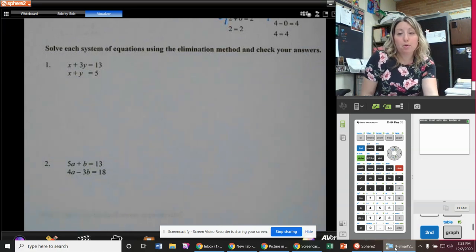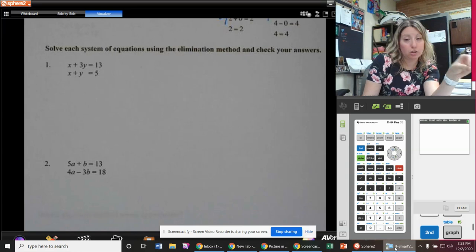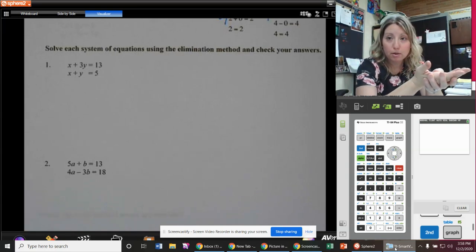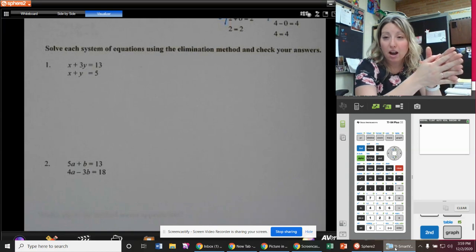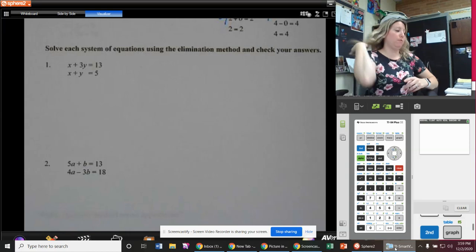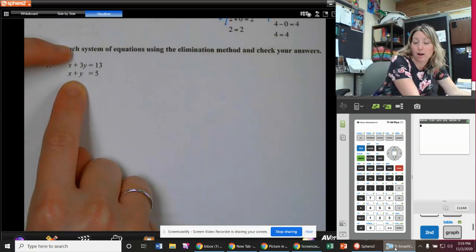The second step is that we need either the x's or the y's to add up to 0. So you need to have the same number in front of the x's or the y's, but the opposite sign. I don't have the opposite sign, but I do have the same number in front of my x's. They both have a 1 in front, right? They don't have opposite signs though.